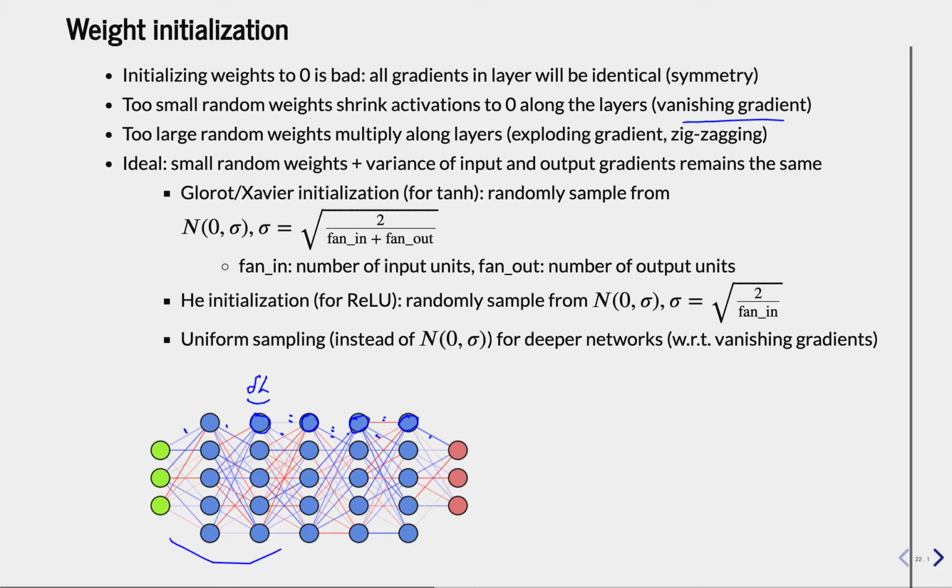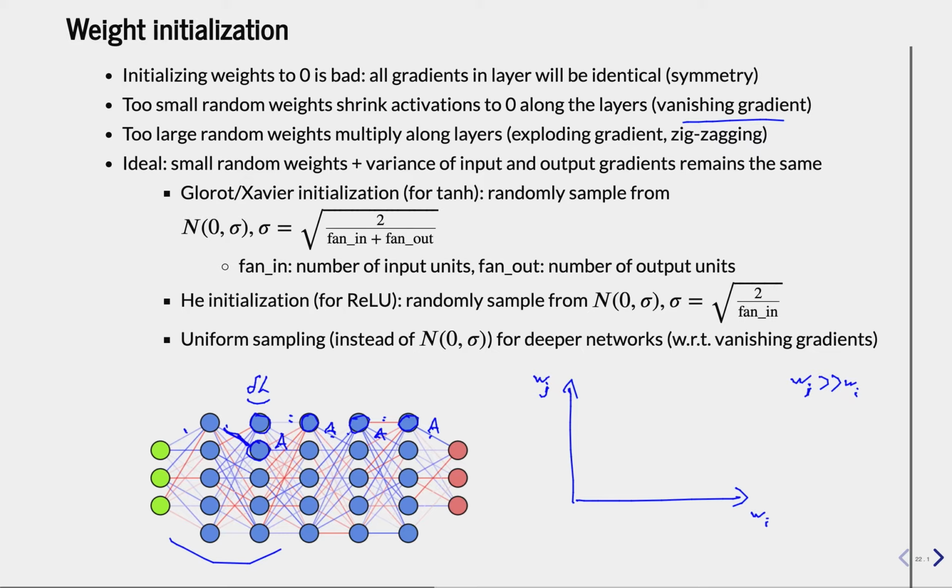You could, of course, use very large weights, but that has the opposite problem because there will be some paths where you have very large values, and then these weights, which have high values, will dominate the other ones. And this will lead to zigzagging. To explain that, imagine you have two weights, Wi and Wj, and Wj is much, much larger than Wi.